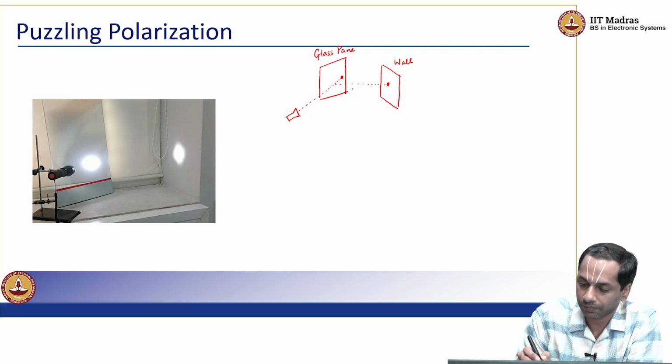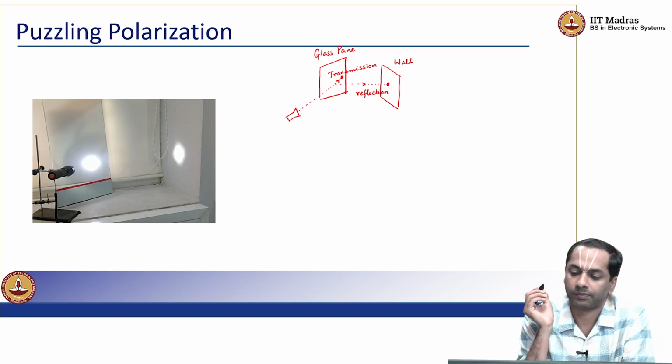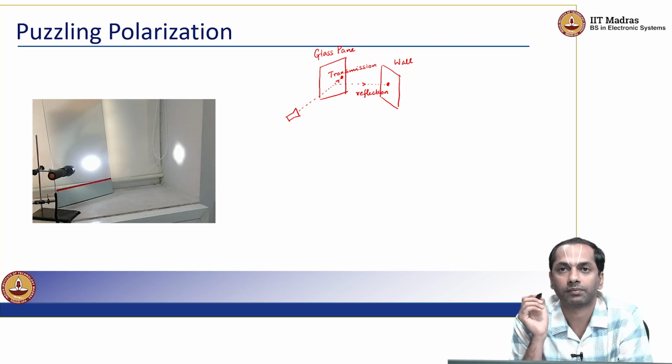So, this is basically the reflection, and the image, you can either call it transmission, or basically it undergoes refraction as it goes into the glass.